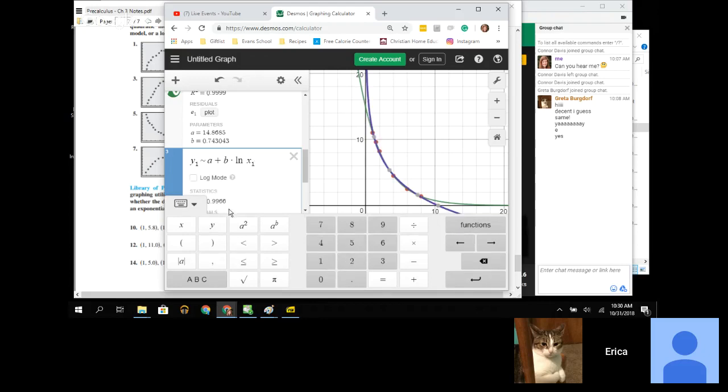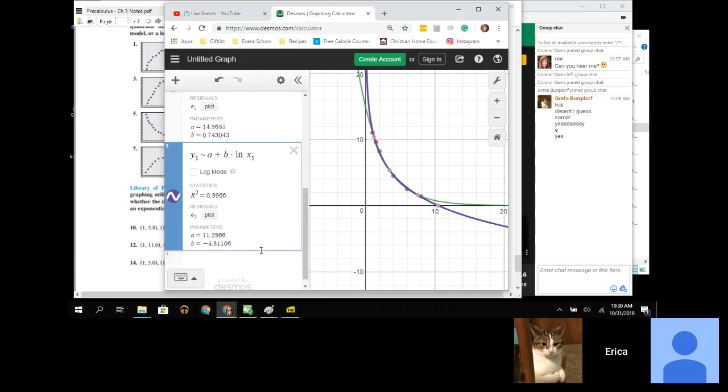Okay. Oh, well, it came up with a decent model for me. So if you use the regression model for the logarithmic model, which again, if you look at your notes in 19 through 22, it says the form y equals a plus b times the natural log of x.